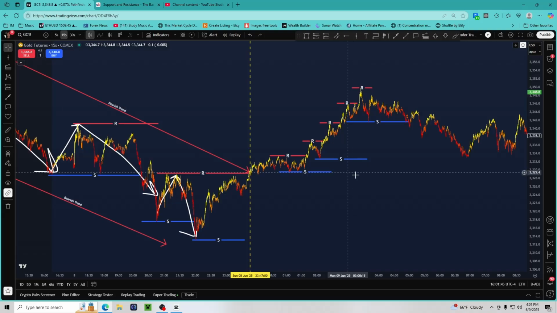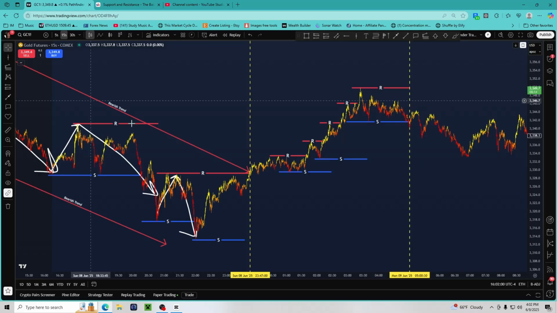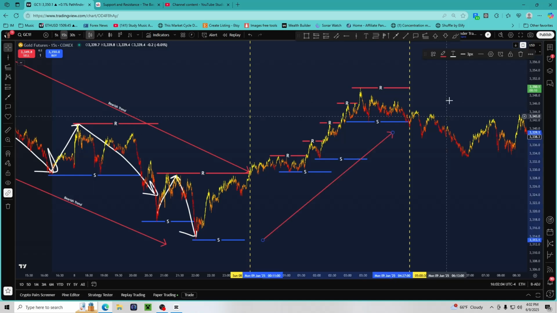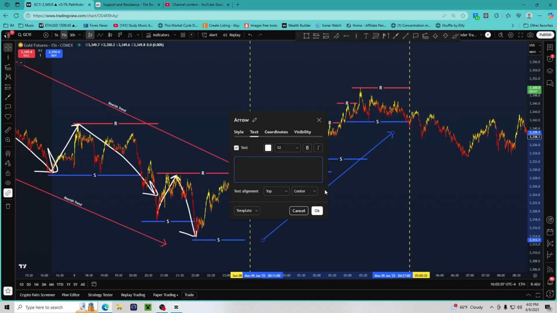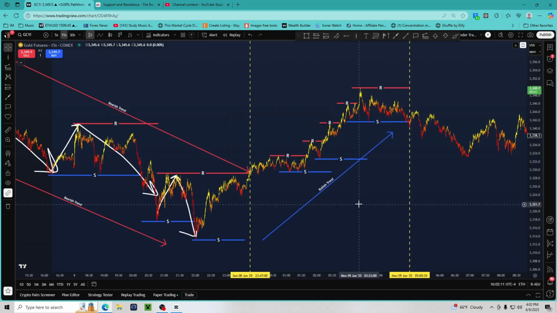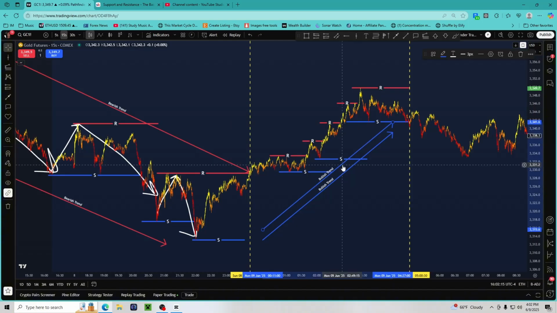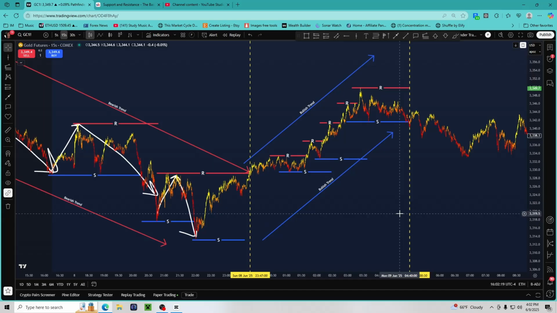Until the market has no longer broken resistance for a continuation, and the market has again now broken support right here. This is where that completed. So we had a bearish trend, which then reversed into a bullish trend in the market.